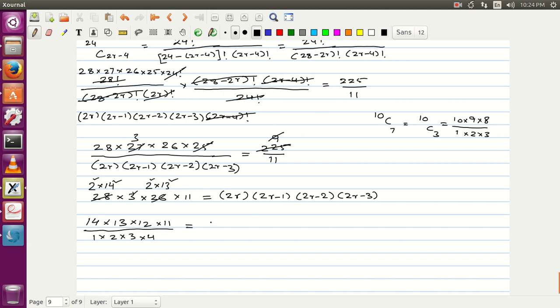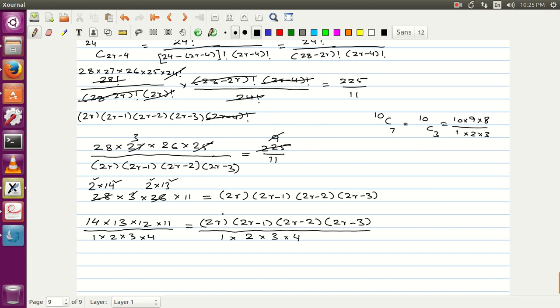Now this should be equal to 2r times (2r minus 1) times (2r minus 2) times (2r minus 3) divided by, because we have divided the left hand side by 1 times 2 times 3 times 4, we have to divide the right hand side also by 1 times 2 times 3 times 4.